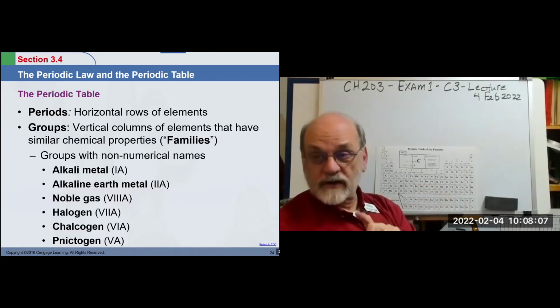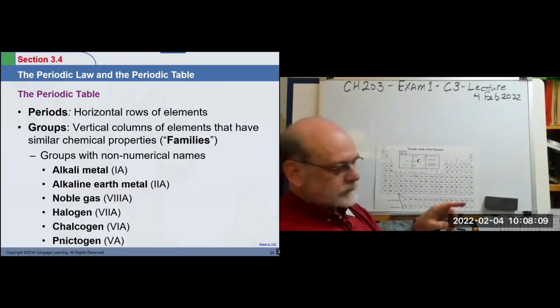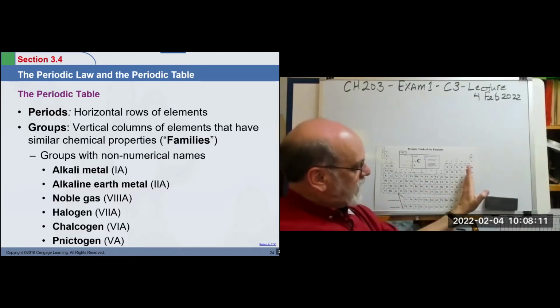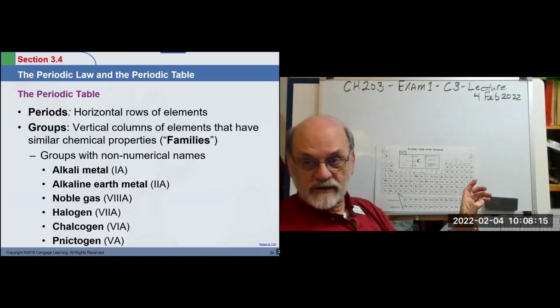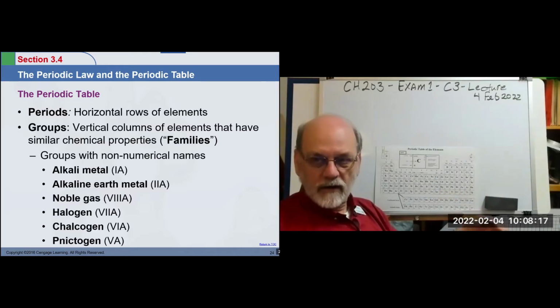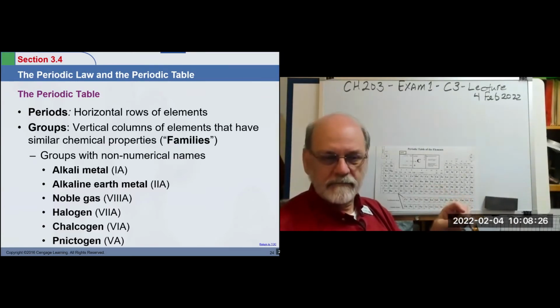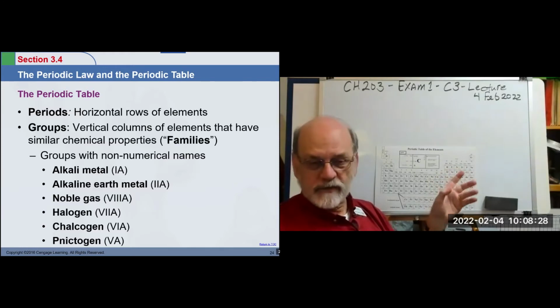And we're eventually going to see why that is. Then right next to the noble gases, that family, that group, is the halogens. Fluorine, chlorine, bromine, iodine. Those are all halogens, and they have similar behavior, just like all the groups.